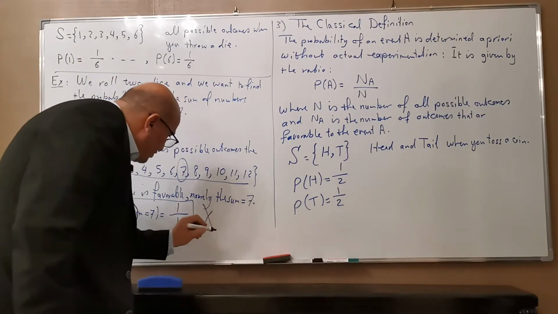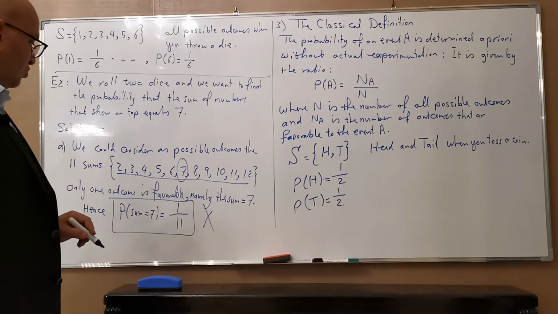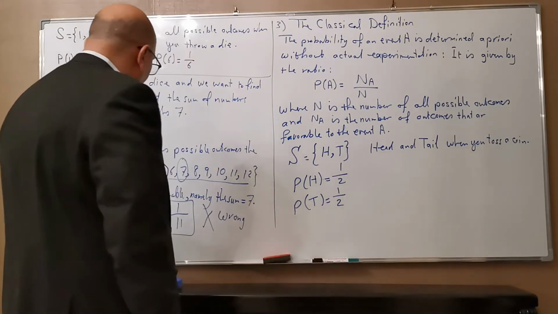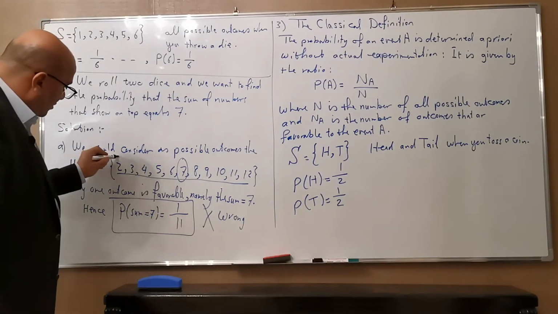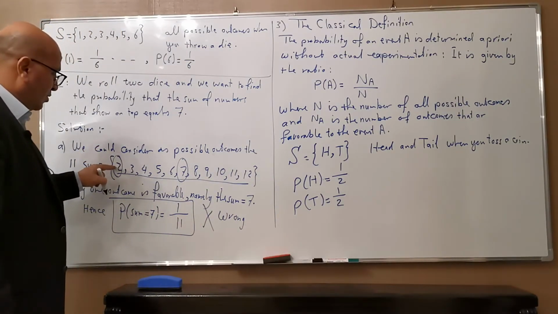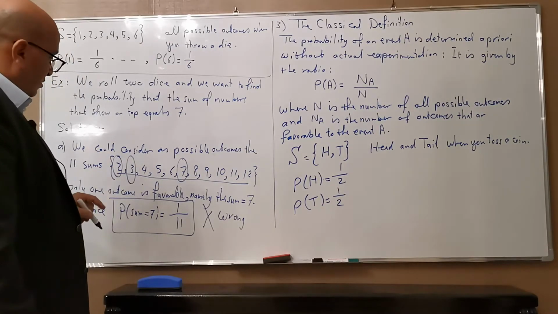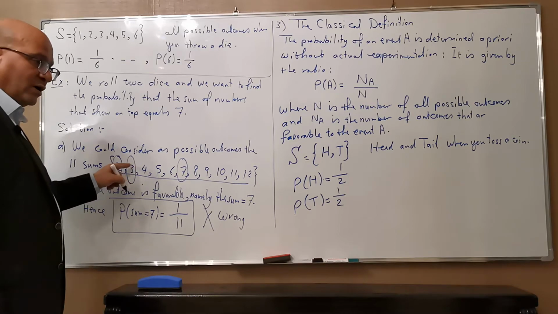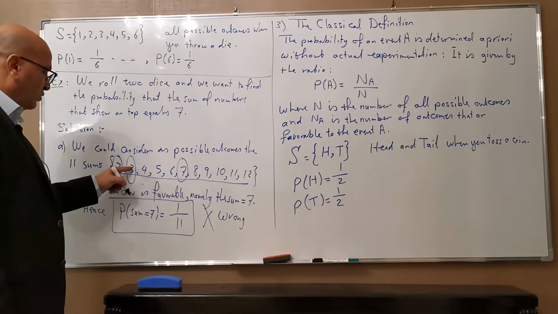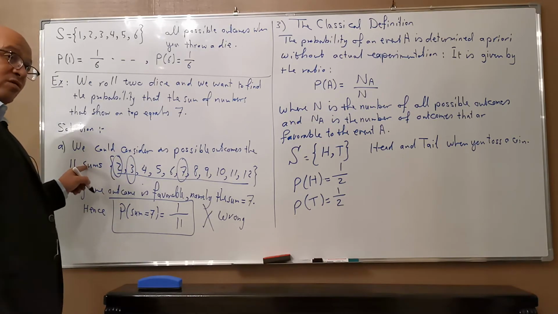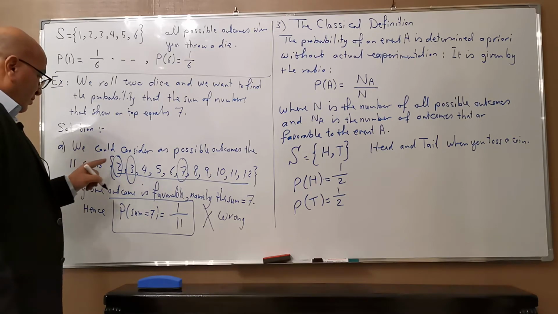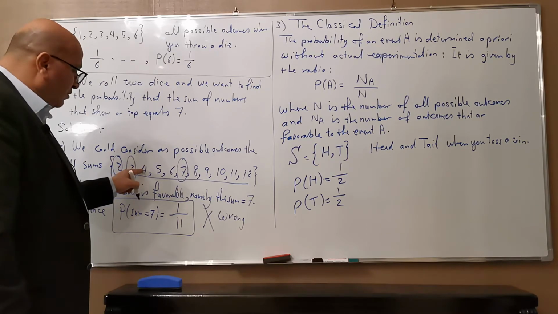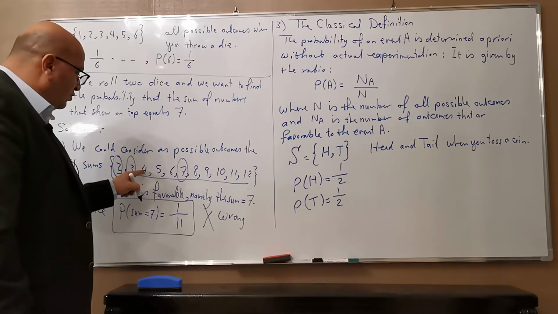But this is not true. This is wrong. Why is it wrong? Because this 2 has a probability different than this 3. This 2 is coming from 1 and 1, but this 3 is coming from 1 and 2 and 2 and 1. If you have 4, you have 1 and 3, 3 and 1, 2 and 2.